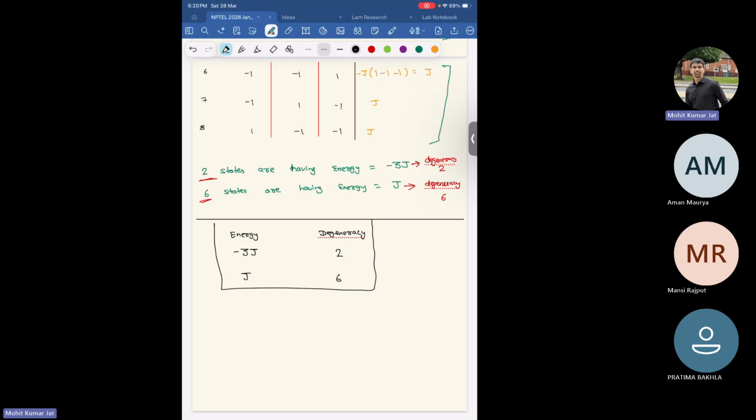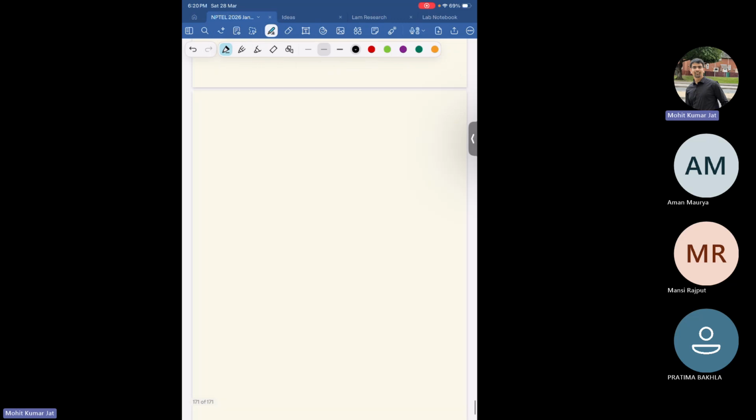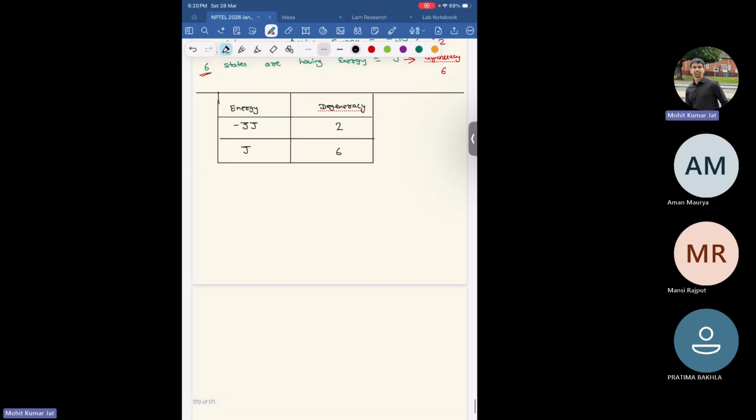That's what it means. Now based on this, we'll have to write the estimate of the partition function.